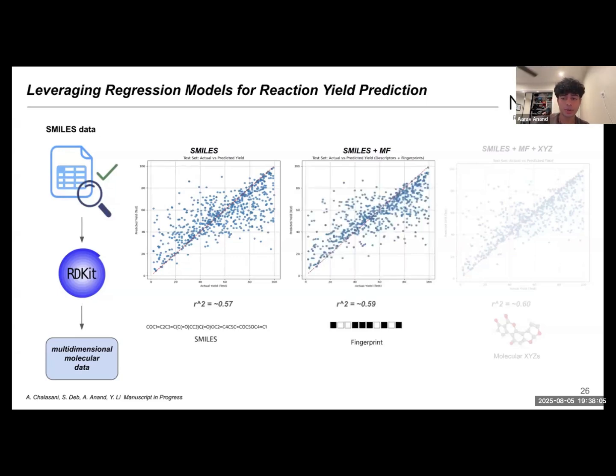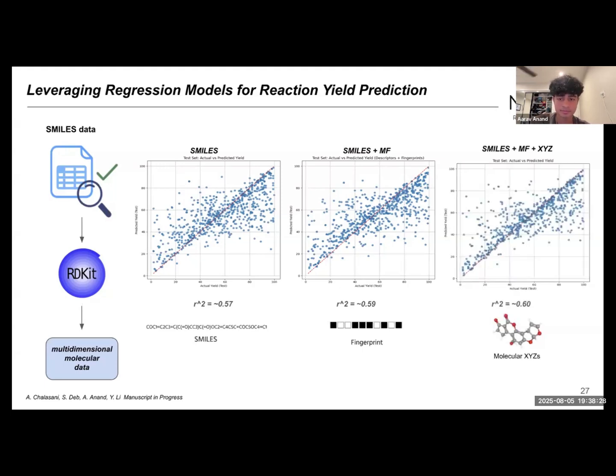For our two-dimensional model, we utilized Morgan fingerprints as well in our training data for our yield prediction model. And there was actually a little bit of improvement, but much less than we expected based on the trends that we had observed in our previous study. So the model still had significant inaccuracies and would be suboptimal for wet lab chemists. For our three-dimensional model, we used molecular XYZs.